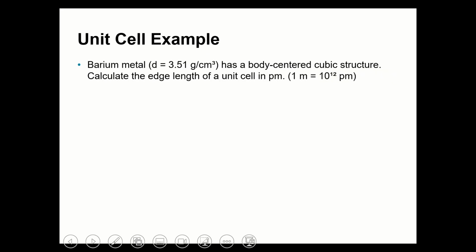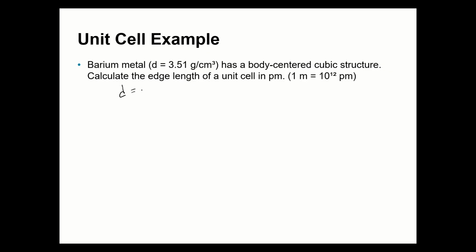Okay, second example. Barium metal has a body-centered cubic structure. Calculate the edge length of a unit cell in picometers. Okay, and we're also told that 1 meter is equal to 10 to the 12th picometers. So again, we're going to need that density equation.